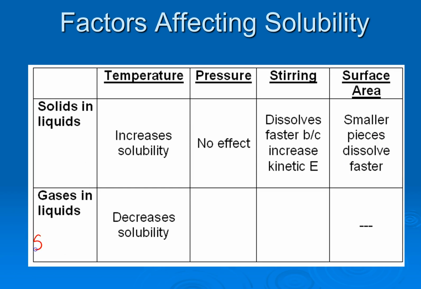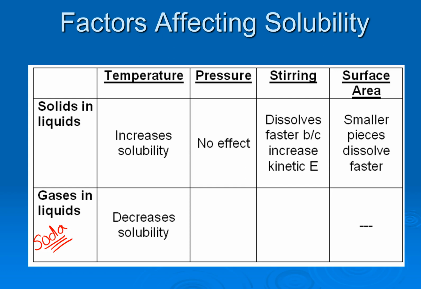Now, gases and liquids. This is like everyone's favorite and delicious soda. Okay? So, soda is a mixture. It's a mixture of gases, carbon dioxide bubbles in liquid. Also, obviously, there's lots of different types of sugars and dyes present when you have soda like Dr Pepper or Cherry Coke or grape soda.